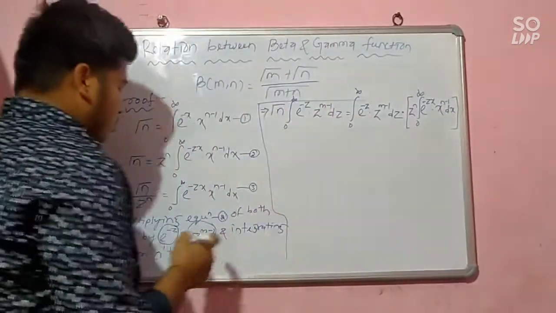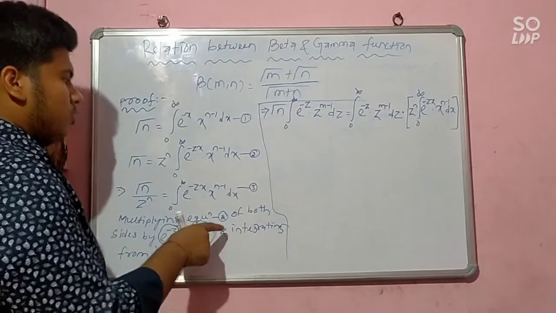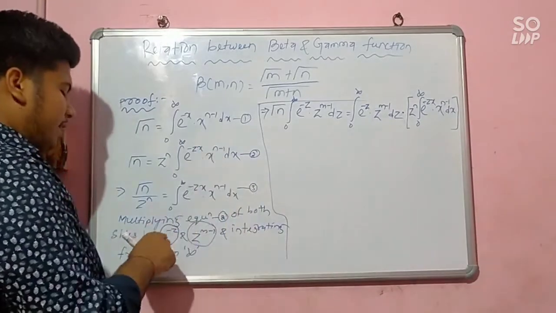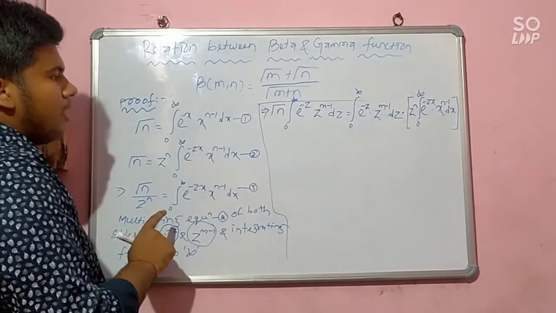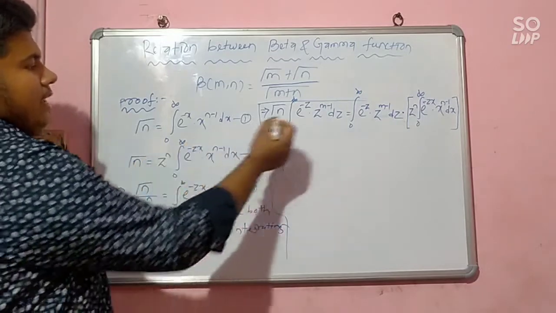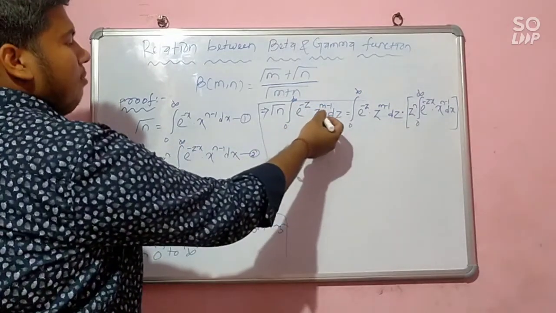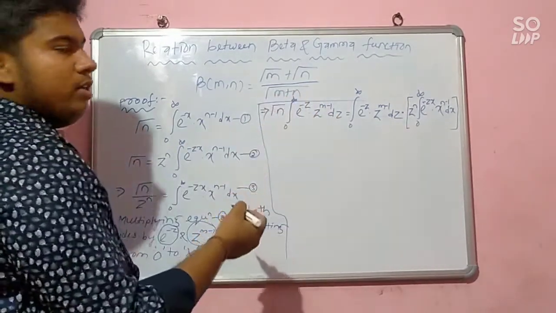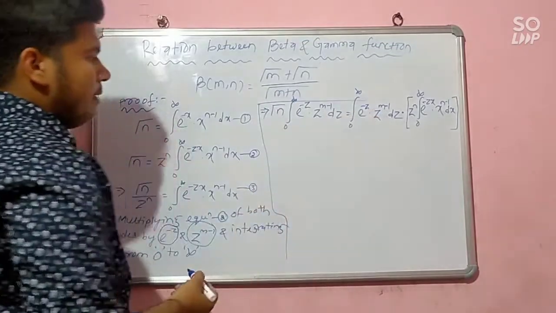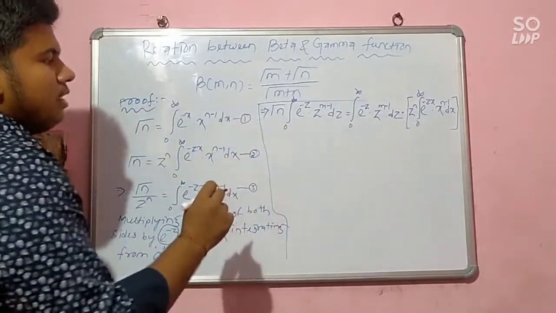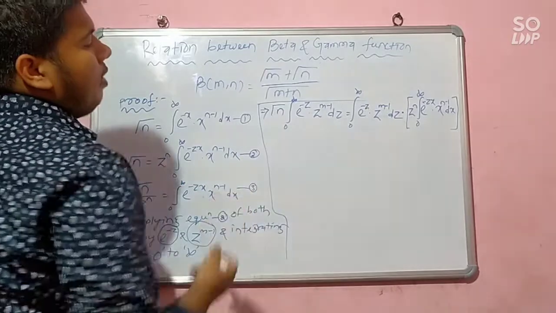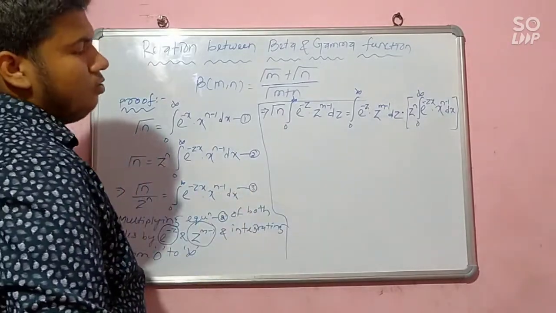So both sides of the equation are multiplied with e to the power minus z into z to the power m minus 1 and integrated from 0 to infinity.